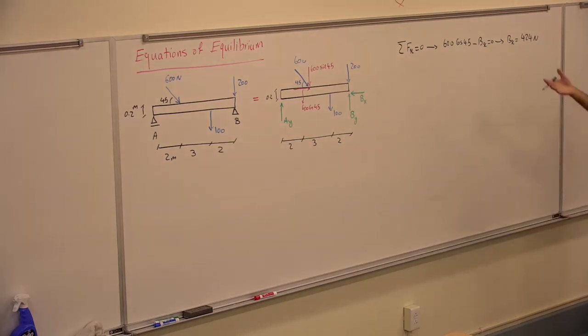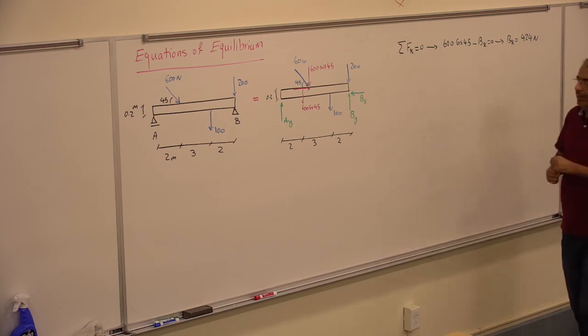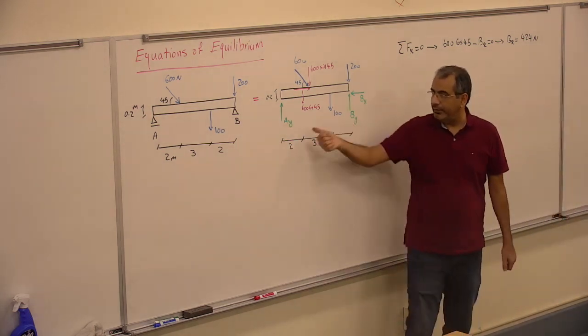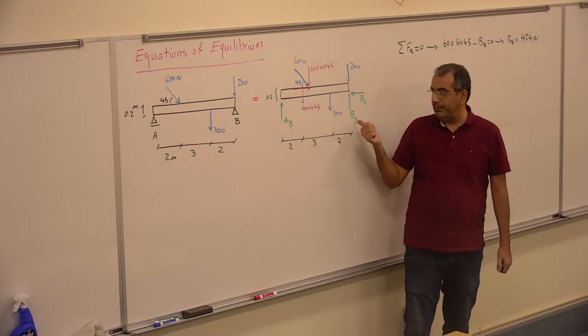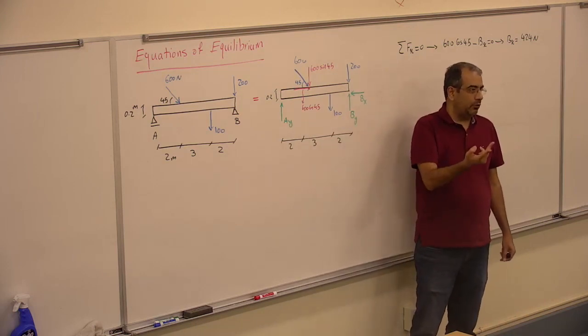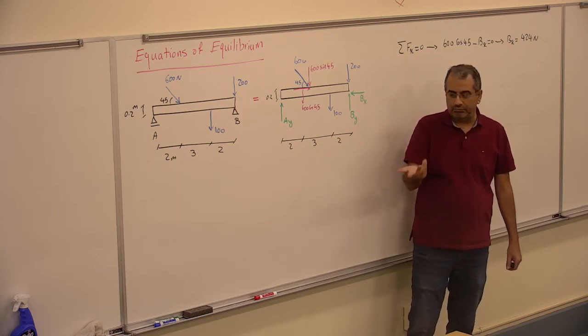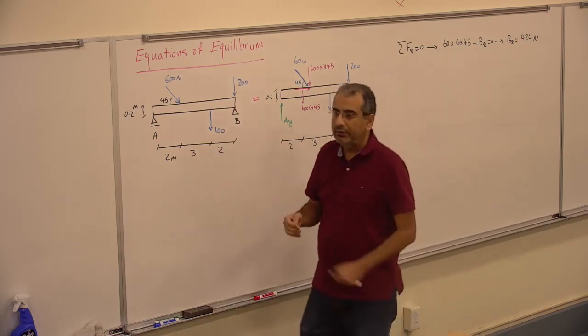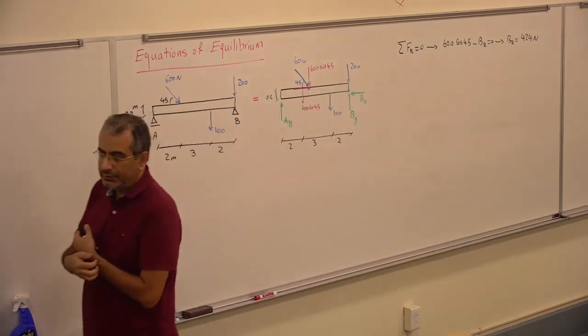It's positive, it means that the direction I chose is right. Now that I have the Bx, if I write the sigma fy, AY is unknown, BY is also unknown. So I will end up with 2 unknowns in one equation.